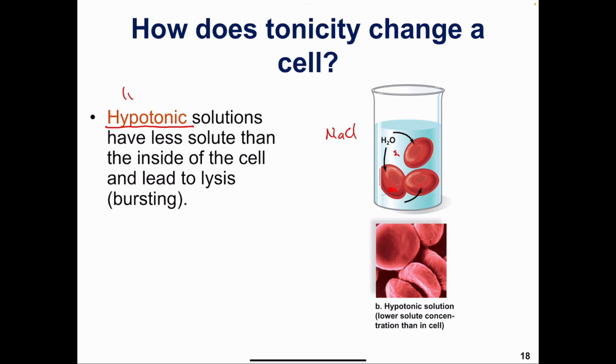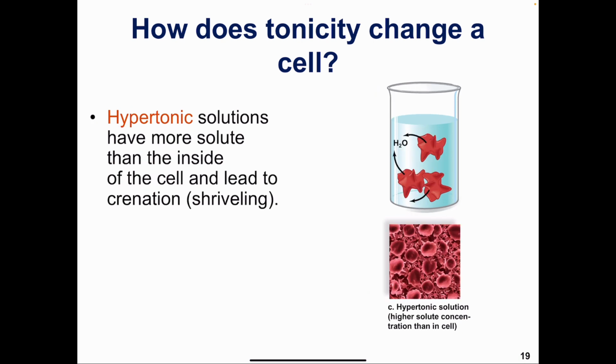Hypo means less. In a hypotonic environment, there is a need for water inside of the cell. When water rushes inside, the cells are going to take up volume. Now, because animal cells don't have a cell wall, if nothing is done, these cells can actually burst, right? Which means that physiologically, it's not a good thing that our cells be in a hypotonic environment.